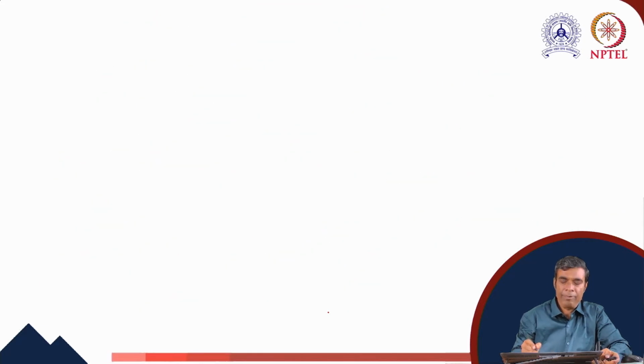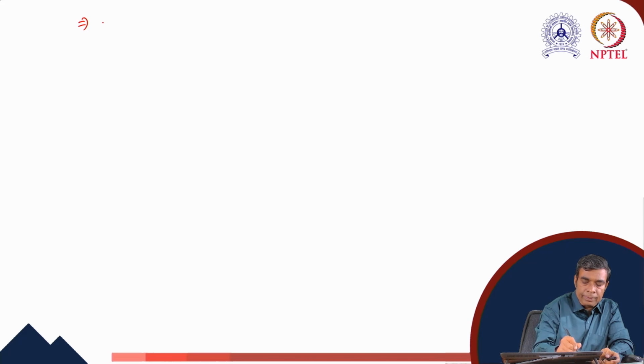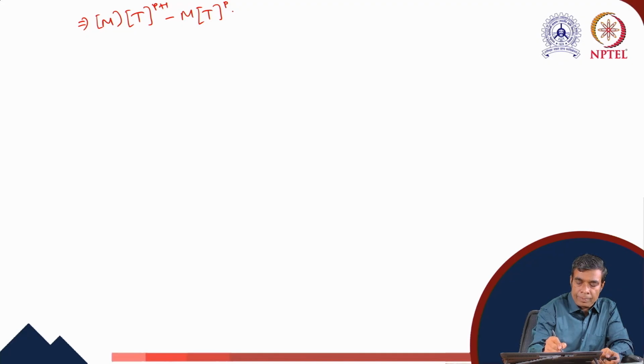So we can simplify this as M into T at p plus 1 minus M into temperature at the pth level plus delta T into stiffness matrix into temperature at p plus 1th level equals to the load vector at the p plus 1th level.